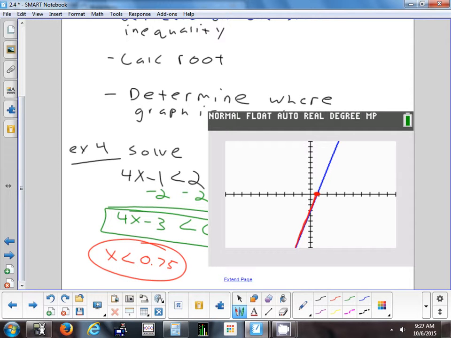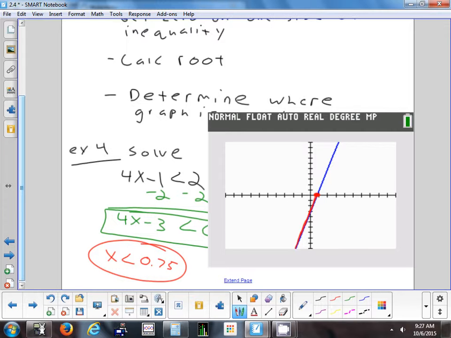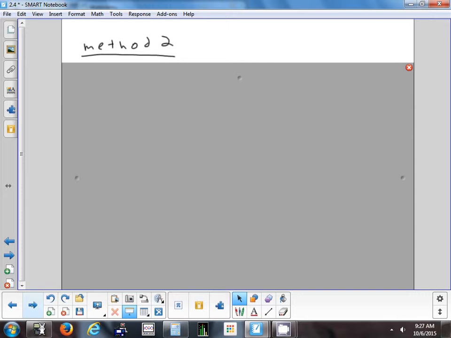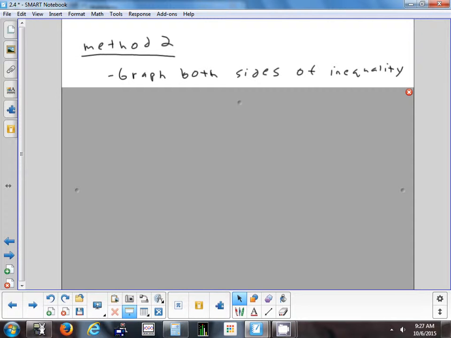Any questions on how I got x is less than 0.75? All right, so that's method 1. Method 2 is don't rearrange it. Don't get 0 on one side. Leave it the way it is.